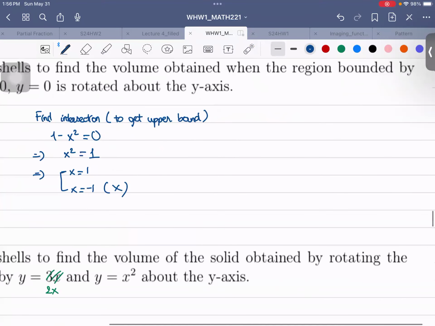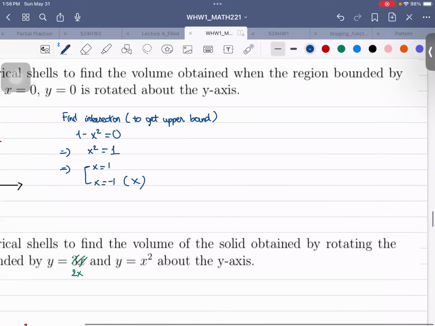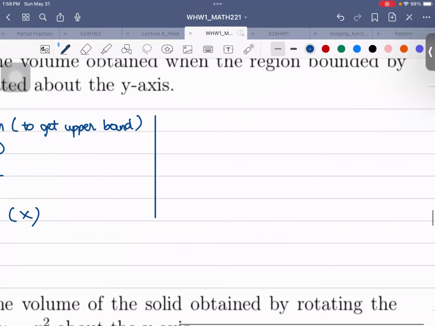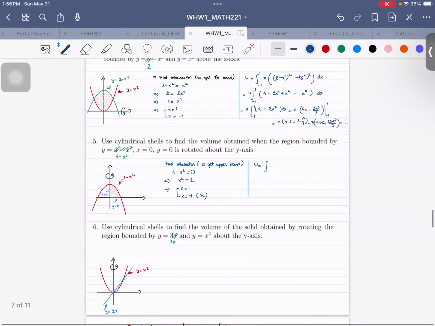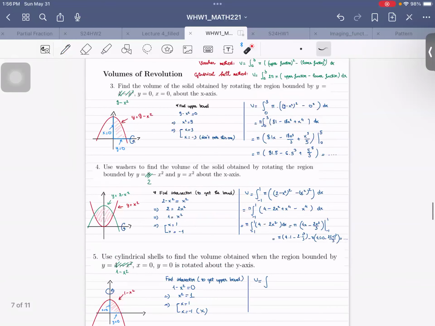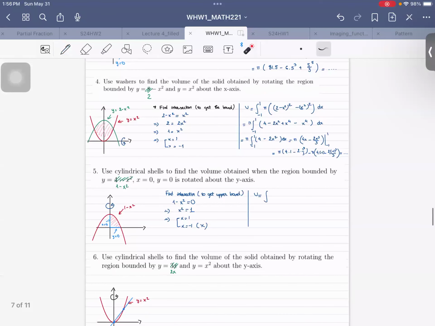So once you get the upper bound, you can start writing the formulation for the volume. The volume of the object when you spin this region around the y-axis will be the integral from the lower bound to the upper bound. The lower bound is 0, the upper bound is 1.